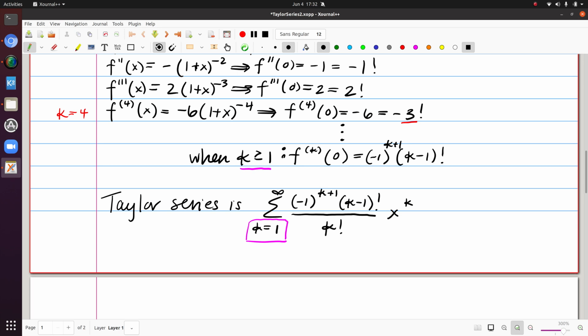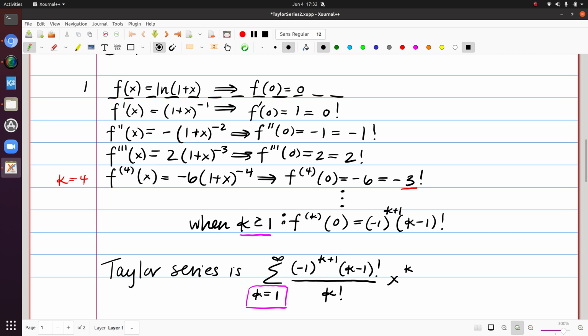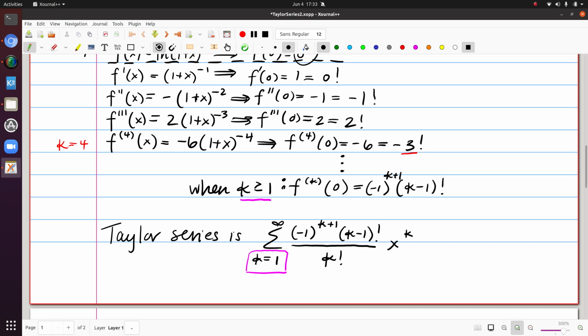So what's happening is you could imagine that we have the k equals 0 term added to this, but the k equals 0 term is just 0. So we can just completely skip it in this case. We can simplify this because this ratio simplifies to 1 over k.